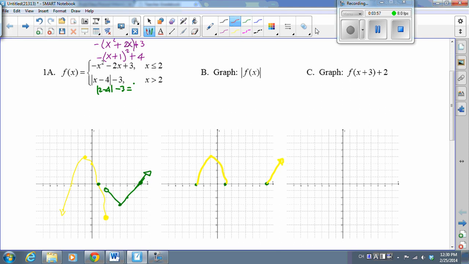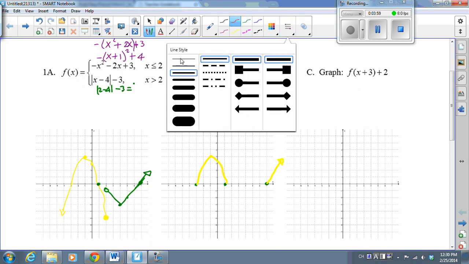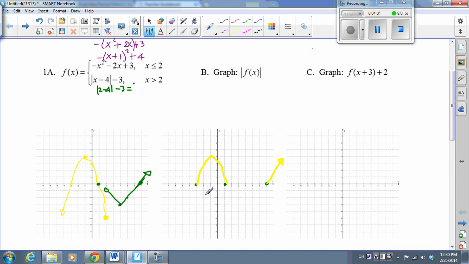The place that will change is whatever was on the bottom. So the first thing that was on the bottom was this point. I will transform this point, and that point was at 2, negative 5. So instead of 2, negative 5, it's now going to be 2, positive 5, and I have a solid point. And this is the end of my quadratic.